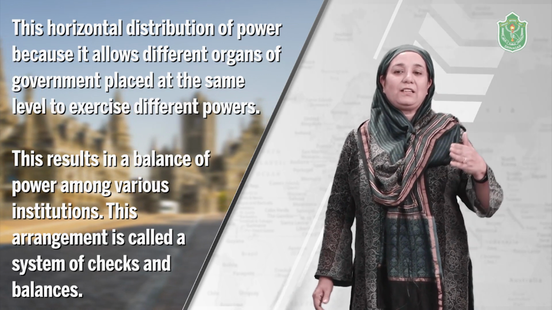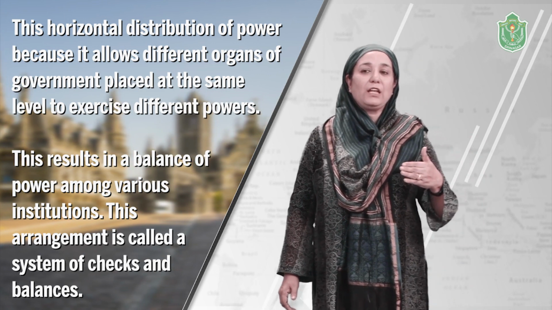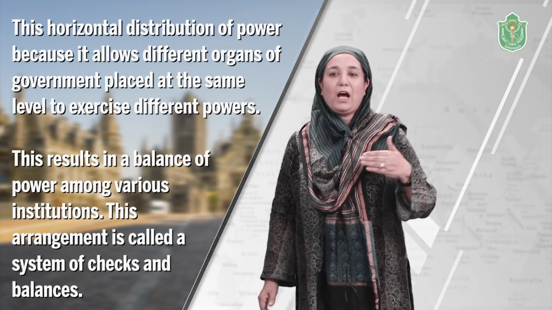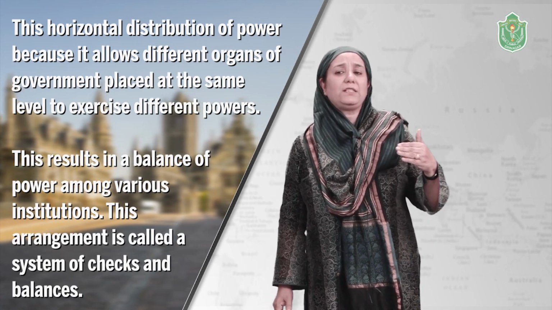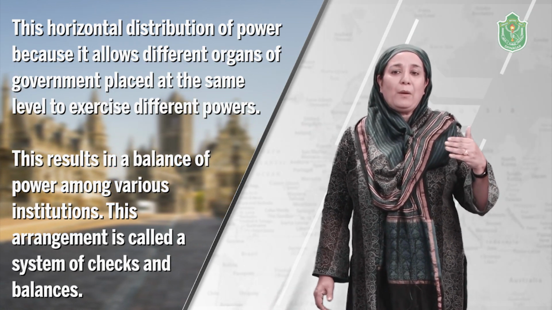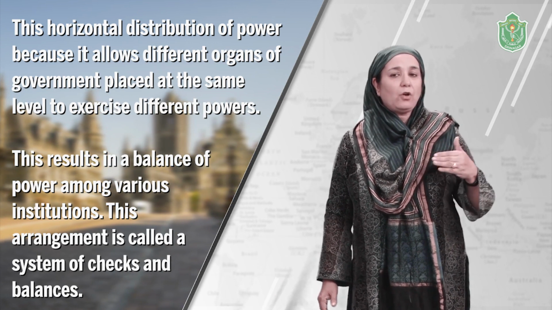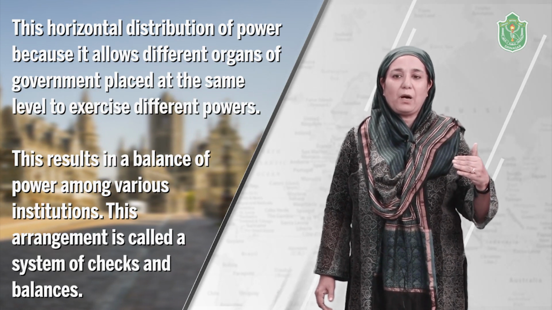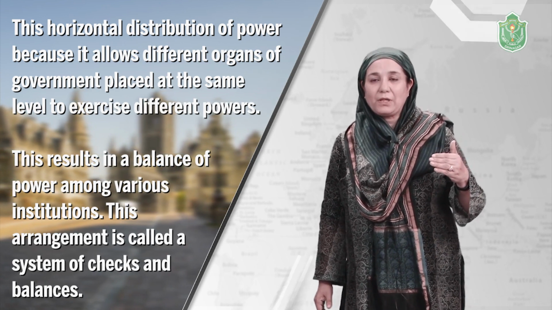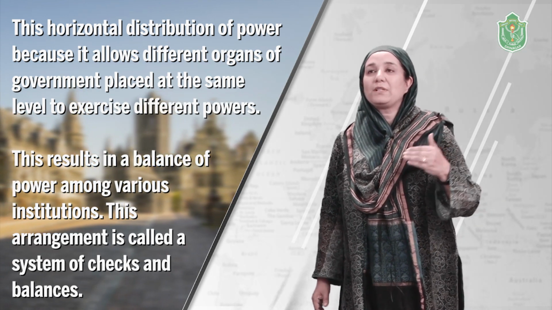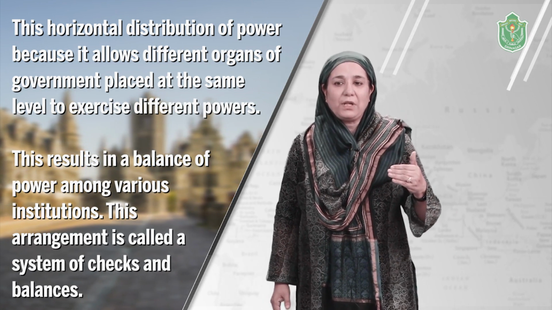What is the result? This results in balance of power among various institutions. In a democracy, children, even though ministers and government officials exercise power, they are responsible to the parliament. They are responsible to the state assemblies.